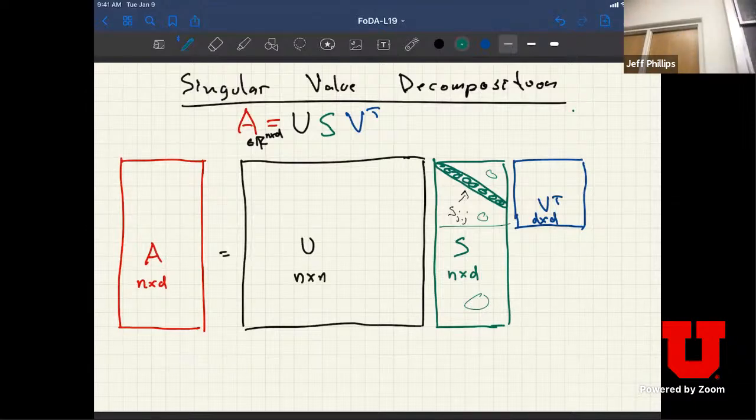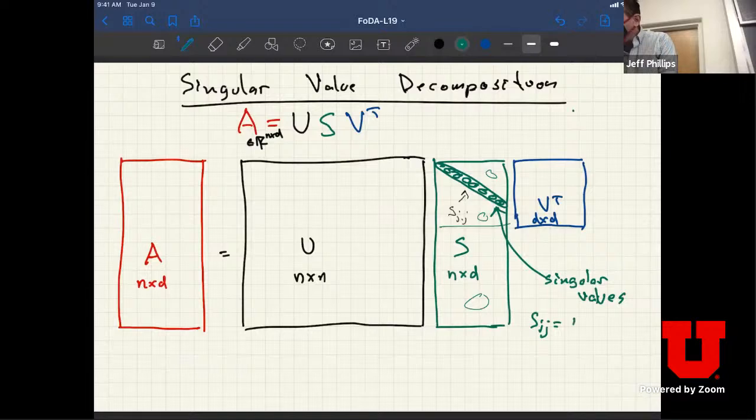So in some packages, it'll just return this as a square matrix, or just return this as a vector, because there are only d values in S that actually matter here. These are known as the singular values.